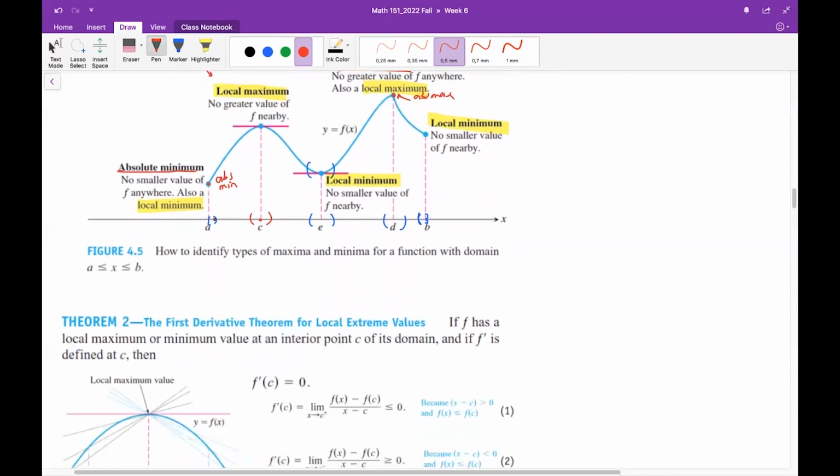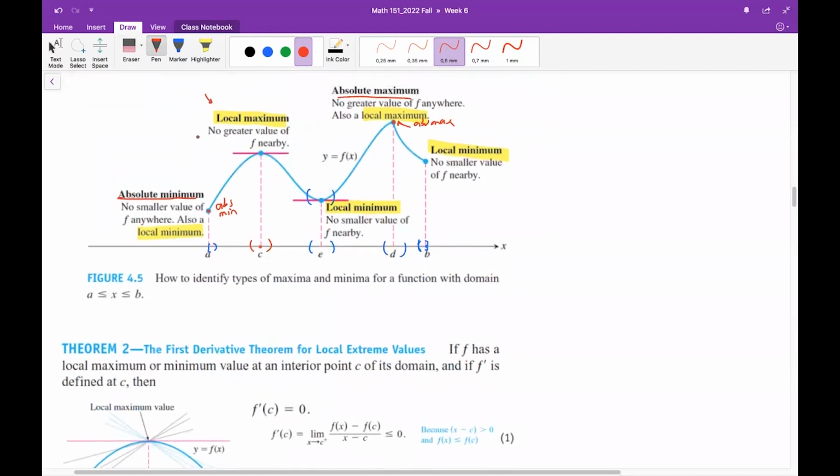Now, let's consider how we can detect local max and local minimum values. I mean, how we can detect all those points, x equals a, c, e, d, and b. Okay, if you have the graph, you can see them, but without the graph, is there a way to detect them algebraically?